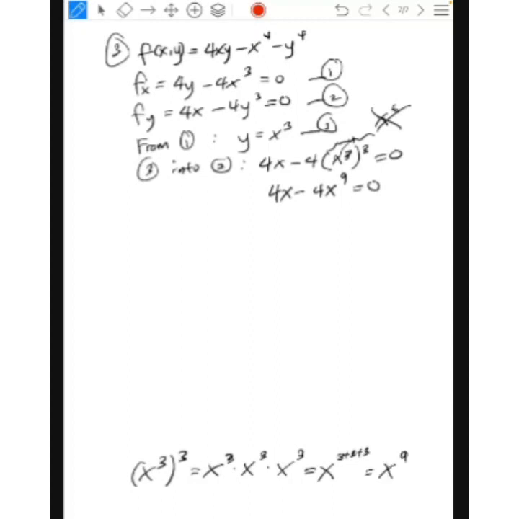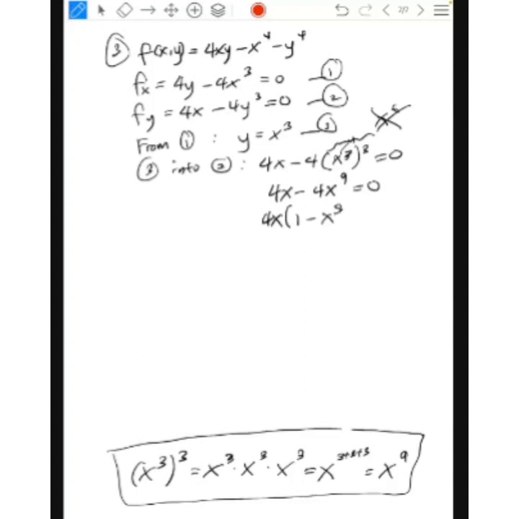This is basic in indices. If you forget about this, please look into it again. So for x, 1 minus x to the power of 8 equals to 0, because 4x has been taken out, leaving just x to the power of 8.